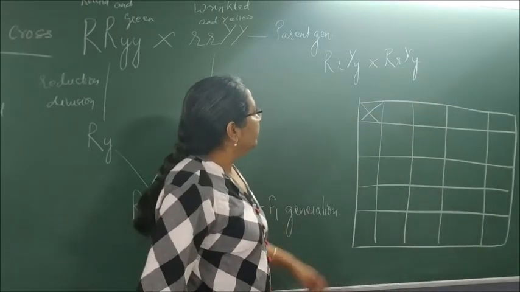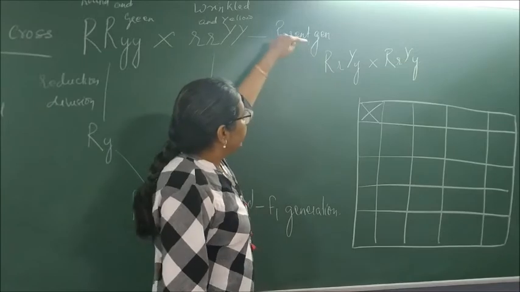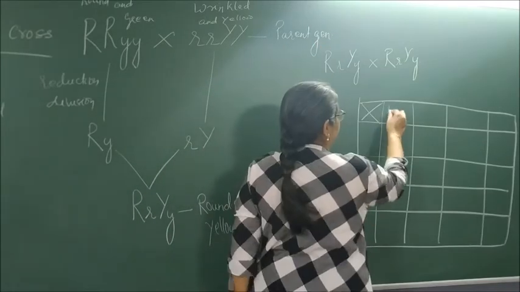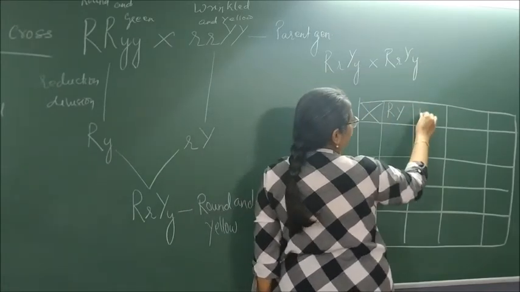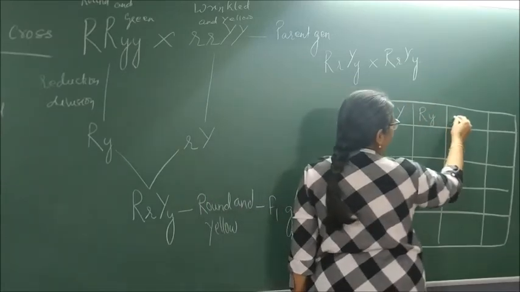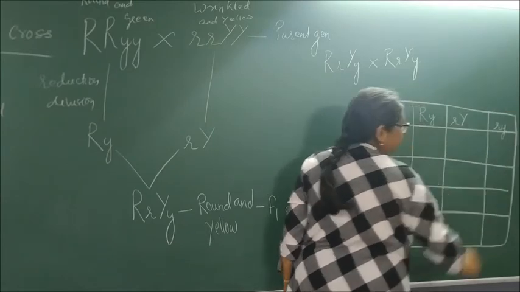Now see, what gametes are possible from here? First R with this Y, so we will write capital R capital Y. Then R with small y, R small y. Small r capital Y. And small r small y.